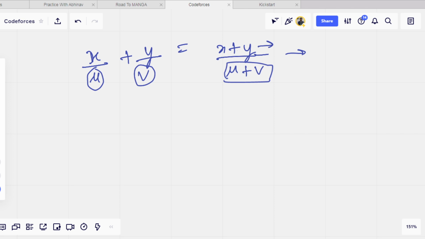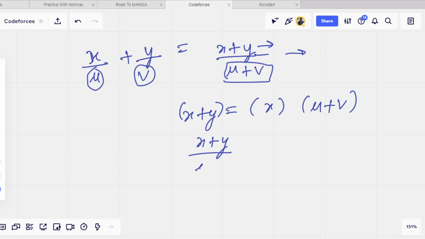So the value of x plus y should be a multiple of u plus v. This is the first observation, because when we do x plus y upon u plus v, it should give a particular value where the u plus v term gets cancelled.